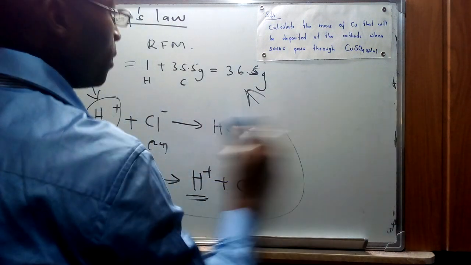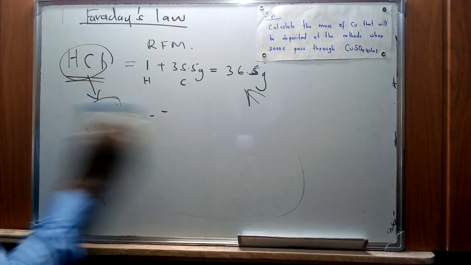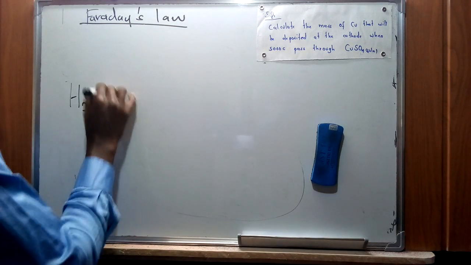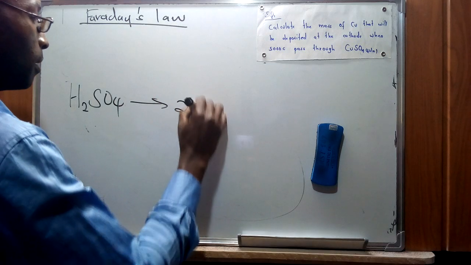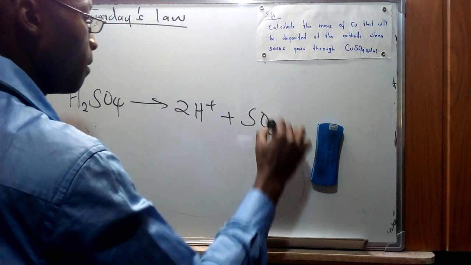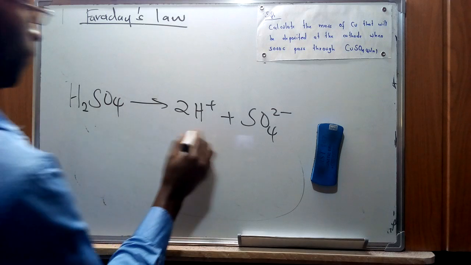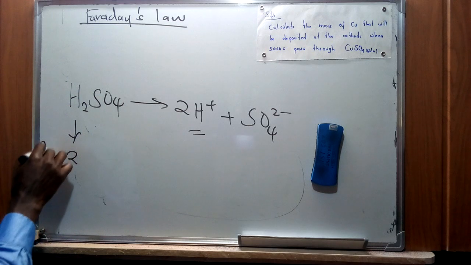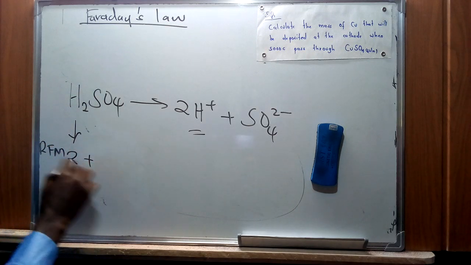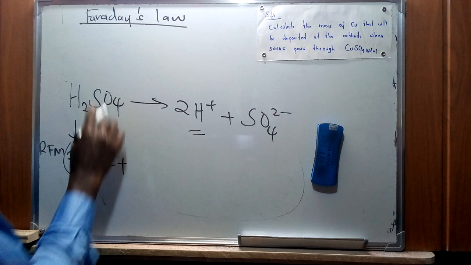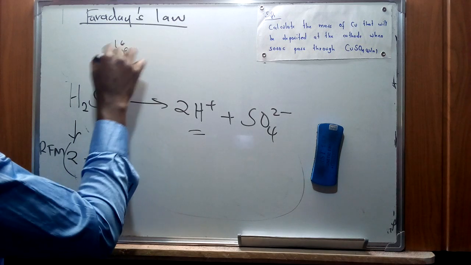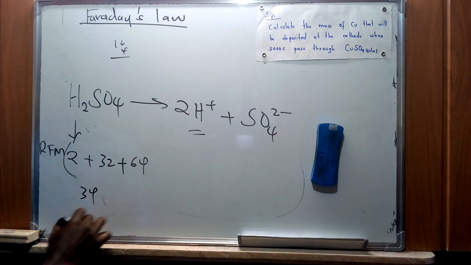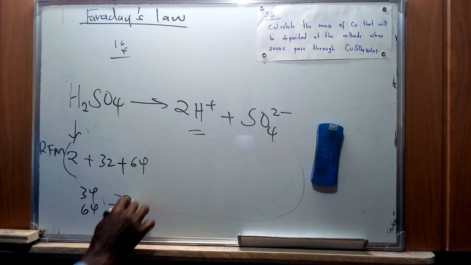So for the case of an acid that has 2 protons, like sulfuric acid, I'm trying to find the relative formula mass: this is 2 plus 32, plus 16 by 4, which is 64. So this is 34 plus 64, which is 98.